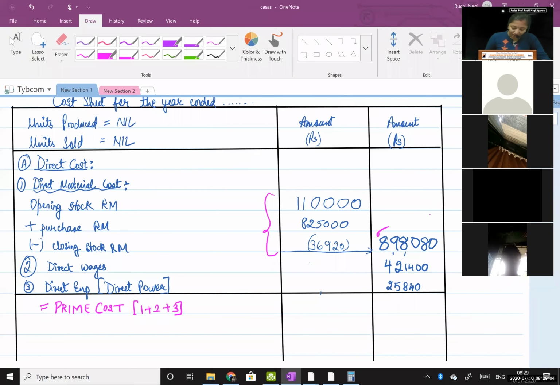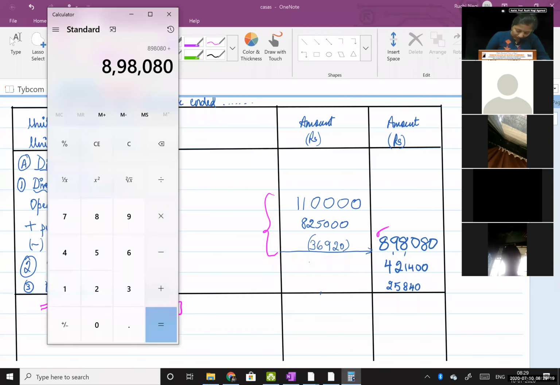Direct wages 4,21,400 and direct expenses. In that I have direct power 25,840. Total it: 4,21,400 plus 25,840.